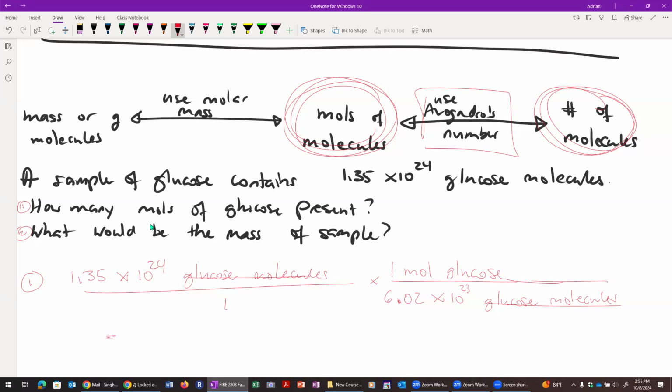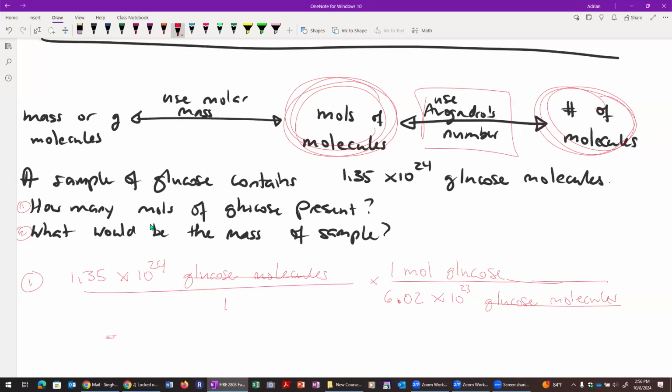So 1.35 times 10 to the 24, divided by Avogadro's number, 6.02 times 10 to the 23.